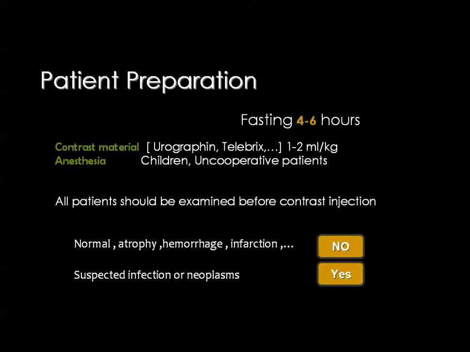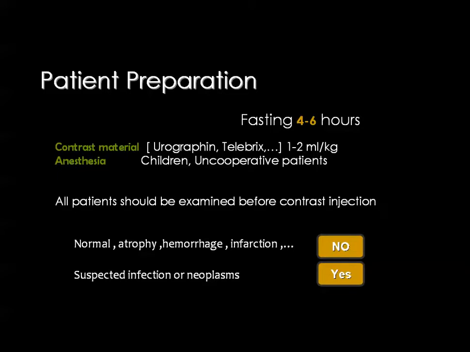And actually, the brain examinations now performed by CT scan are usually done first before injecting contrast material. Then the examination is checked on the machine by one of the staff. Then he decides whether the patient is in need for contrast injection or not. And then we usually need to inject contrast material whenever we are suspecting intracranial infection or neoplasms.